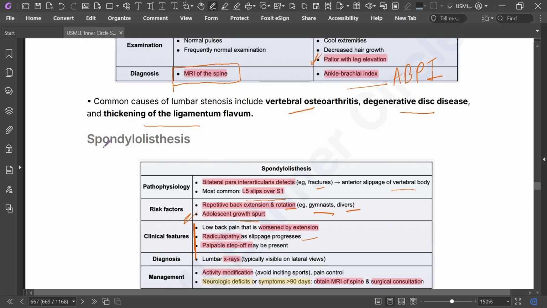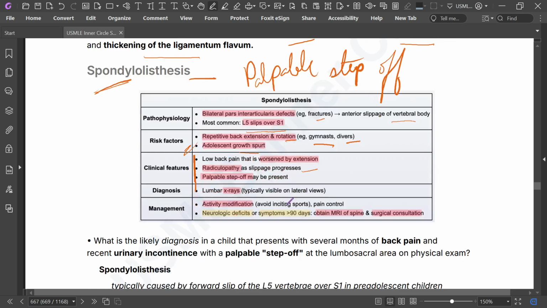Very high yield: in spondylolisthesis, you will get a palpable step-off sign. For diagnosis, a lumbar X-ray, typically visible on lateral views.